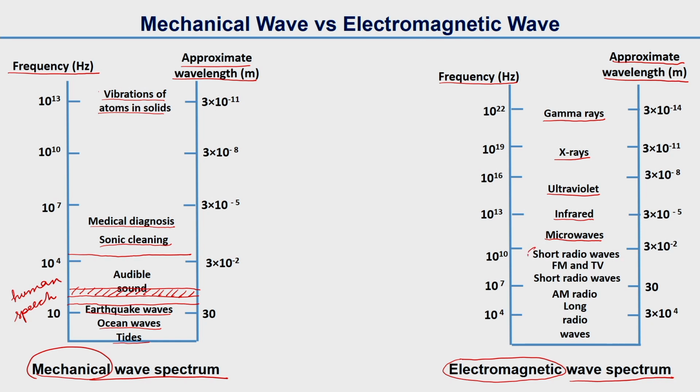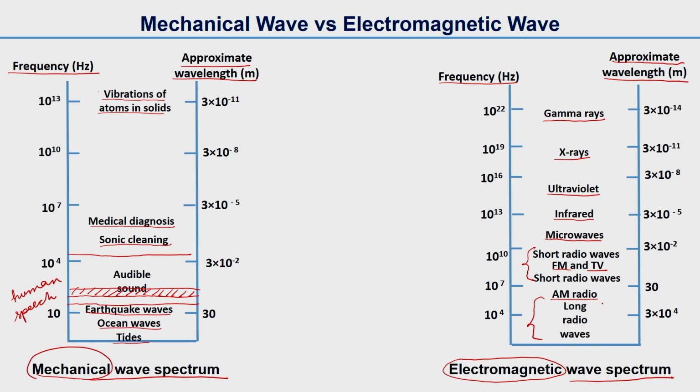Short radio waves have this range. In this range we have FM and TV, and then lower frequencies are AM radio, and then this is a long radio wave range.